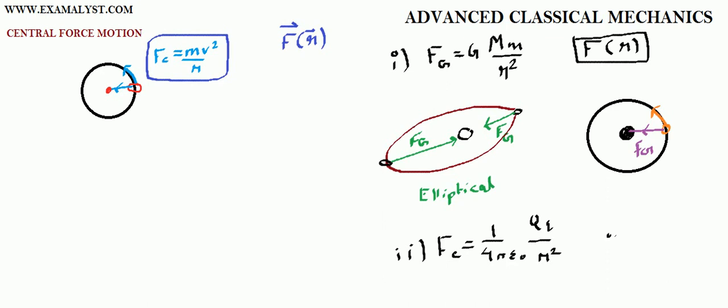Under the Coulombic force, the test charge can undergo an elliptical or circular path. This force is responsible for the electron moving around the nucleus in a closed path, which can be either elliptical or circular. So this is also an example of central force motion.